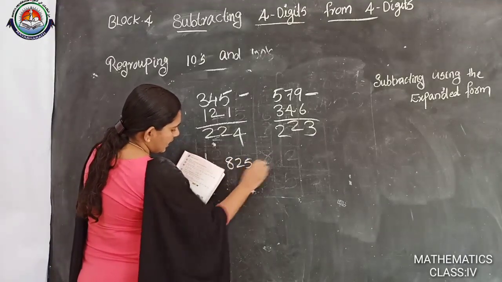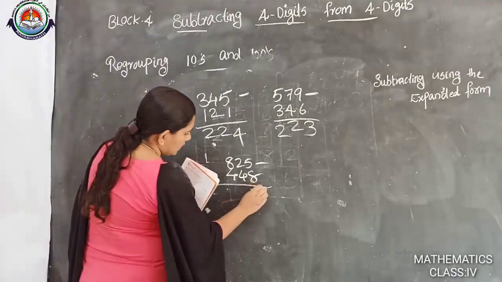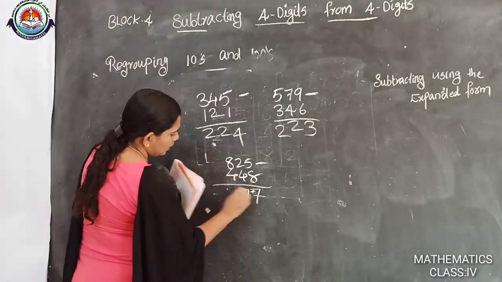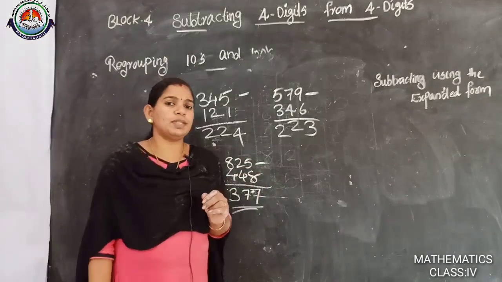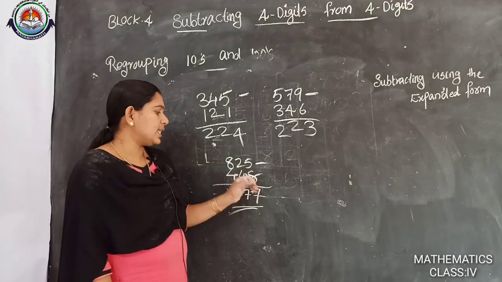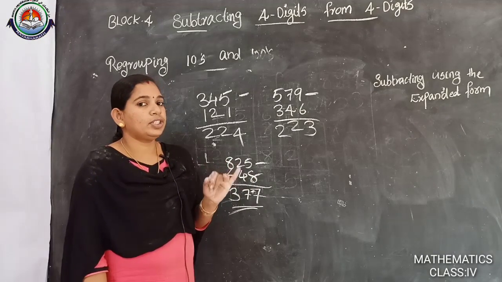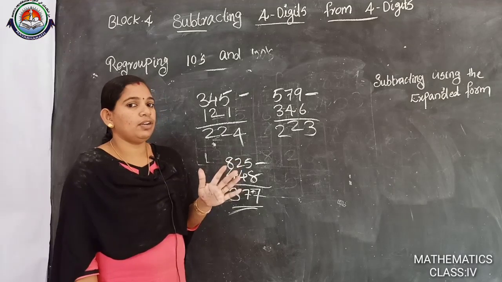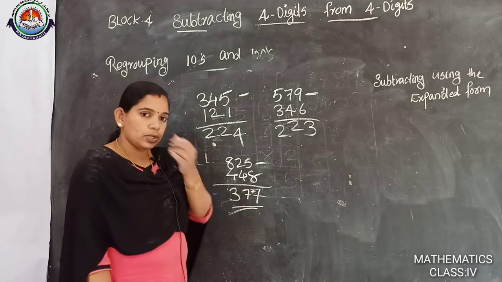Third question, 825 minus 448. Answer is 377. 5 minus 8, is it possible? No. So we are taking 15 minus 8. 15 minus 8? 9, 10, 11, 12, 13, 14, 15. 7. So this is correct.